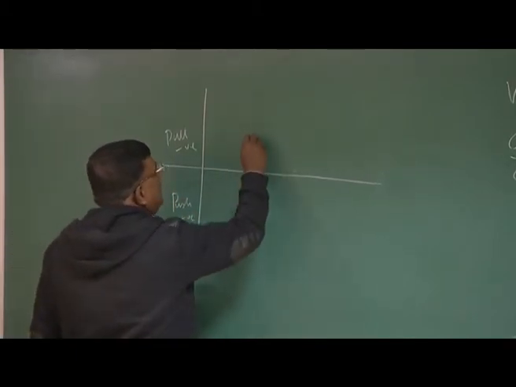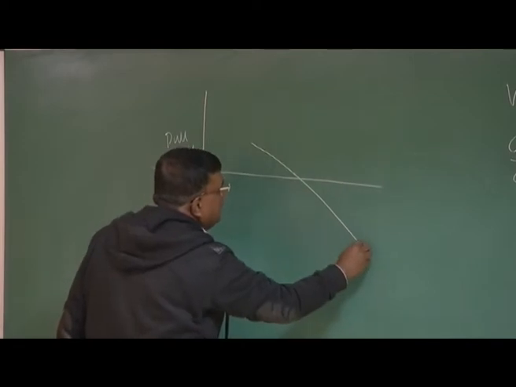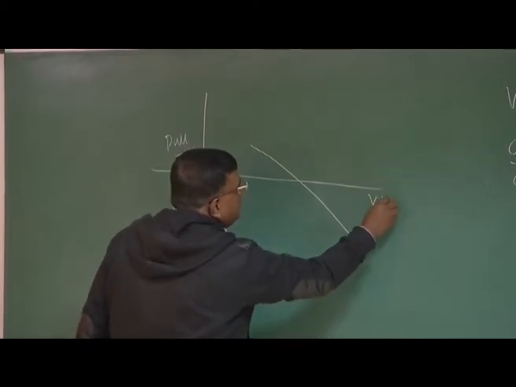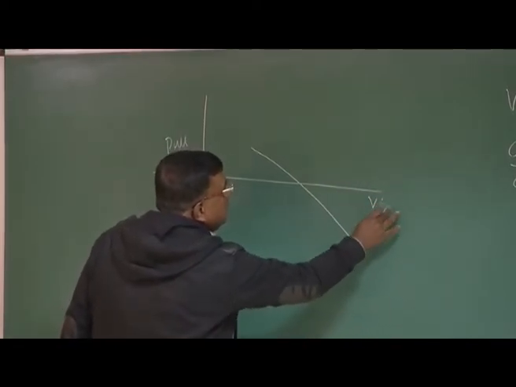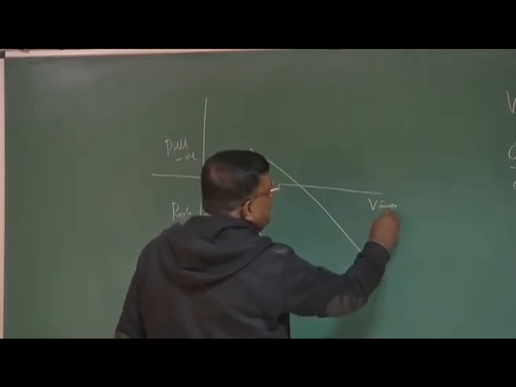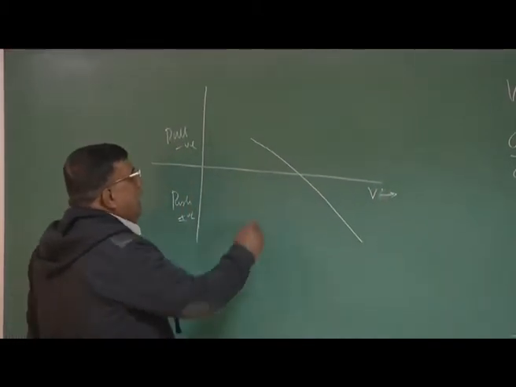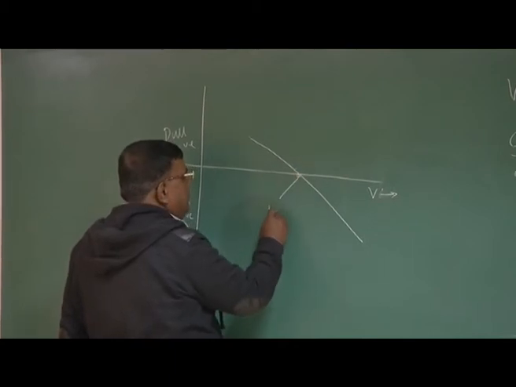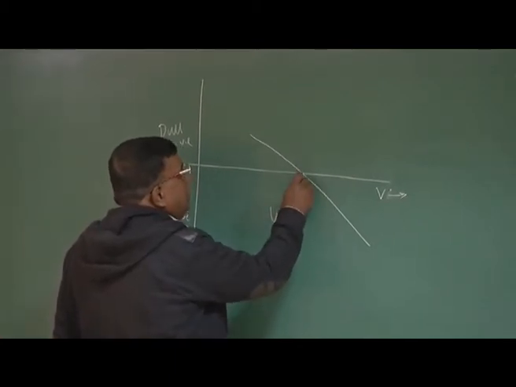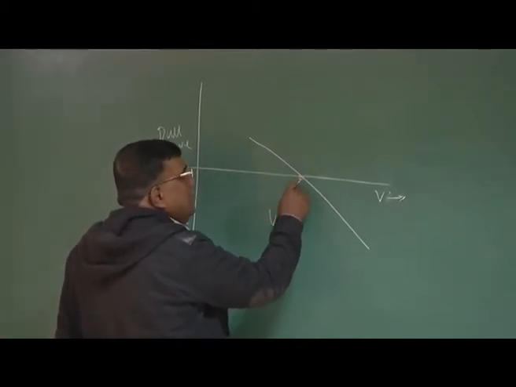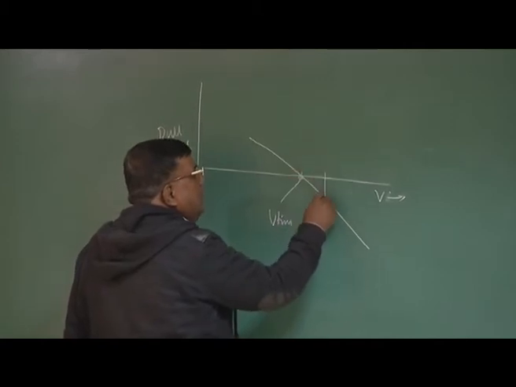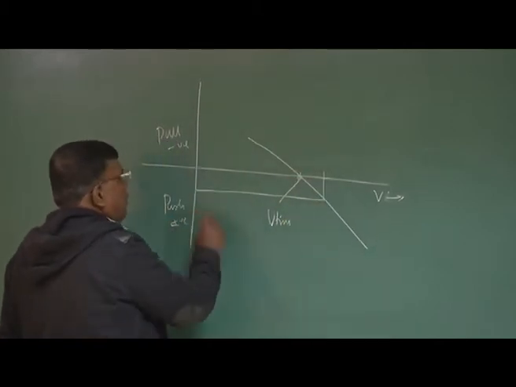So you see this will be something like this, V trim. Fs by dV, speed. And at trim, this is V trim. What does it say? If we want to increase V trim from here to here, you have to apply a push force.